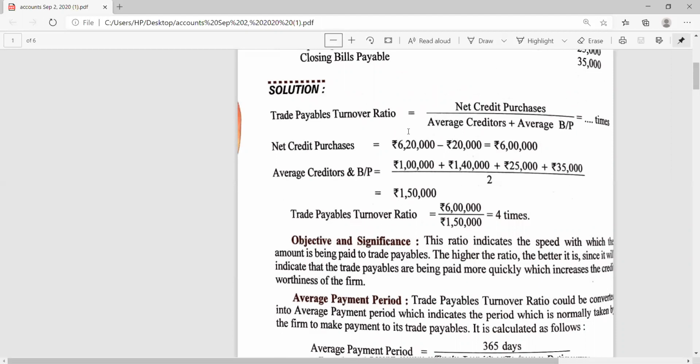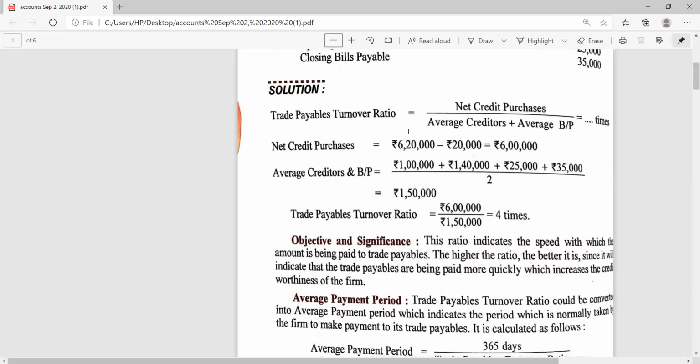If we add all these terms and divide by 2, it gives us the average creditors and bills payable, that will be 1,50,000. 6 lakh is our net credit purchases, and average trade payables are 1,50,000. When we divide both, we will get the answer: 4 times is the trade payable turnover ratio.